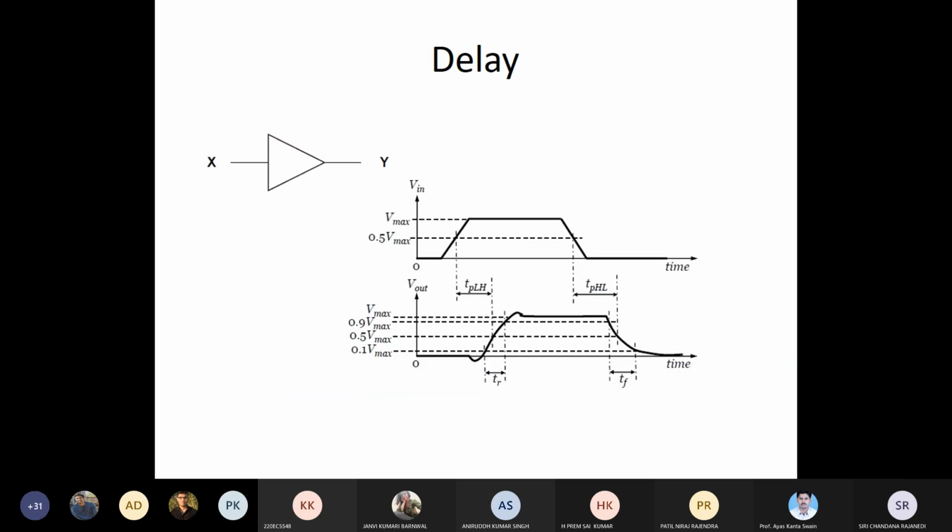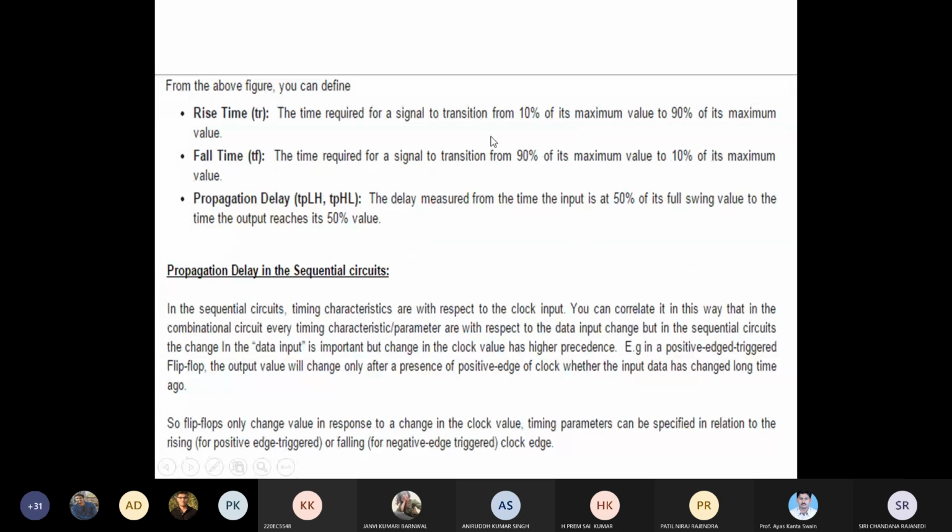Then there are certain descriptions about delays. This you know, so in short, I will tell. One is your rise time, fall time. Then there is a delay like TP, which is low to high pulse delay and high to low. Rise time is the transition of the signal from 10% to 90%, and fall time is the signal transition from 90% to 10%.